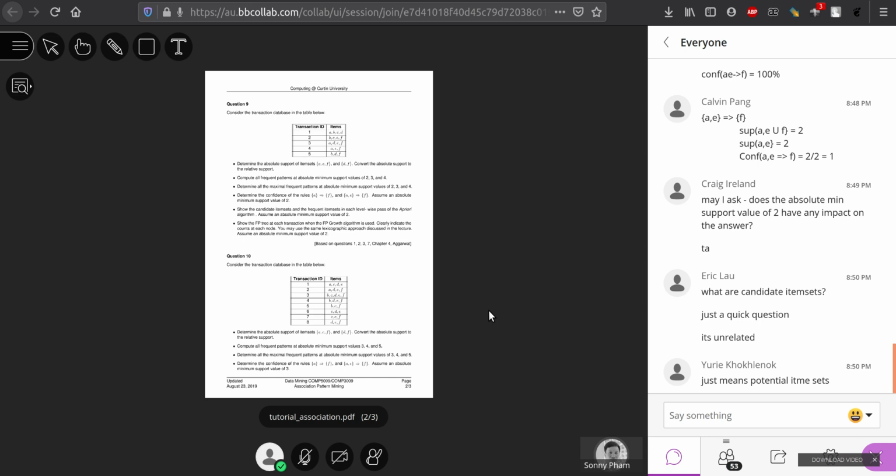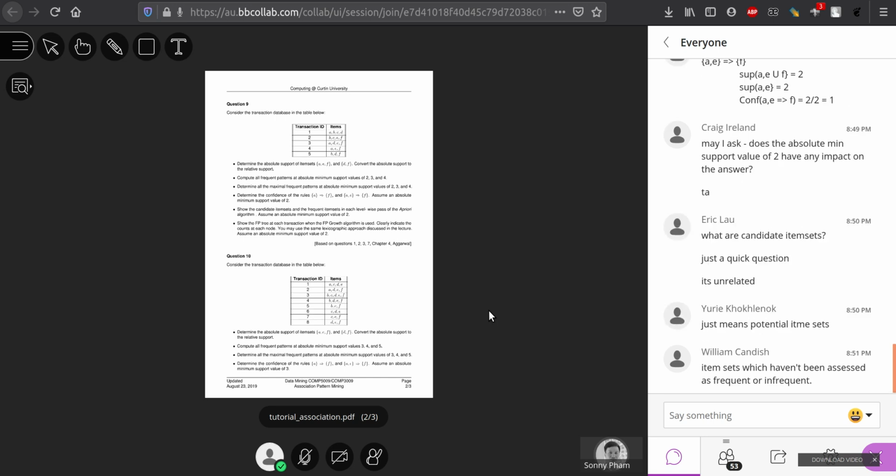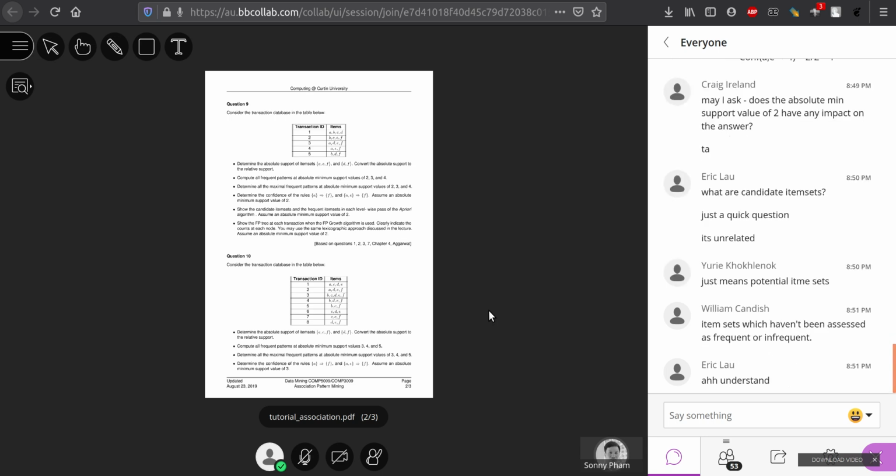So candidate is before we actually do the counting, right? But as soon as we finish the counting, things that are below the threshold are infrequent, and things that are above the threshold are frequent. Put it that way, yeah.